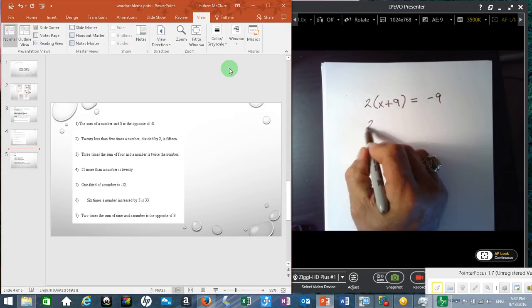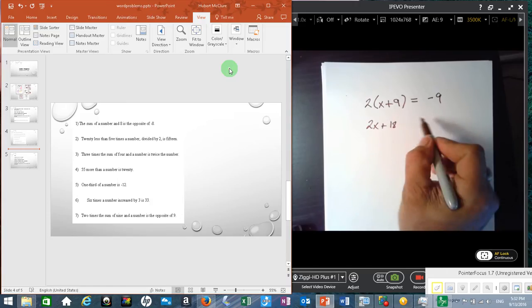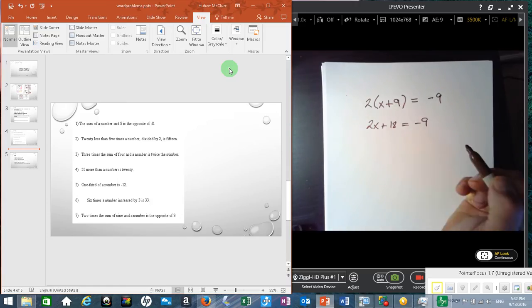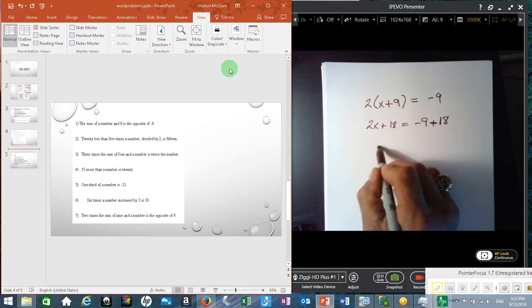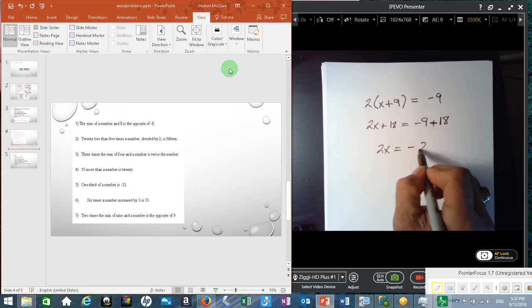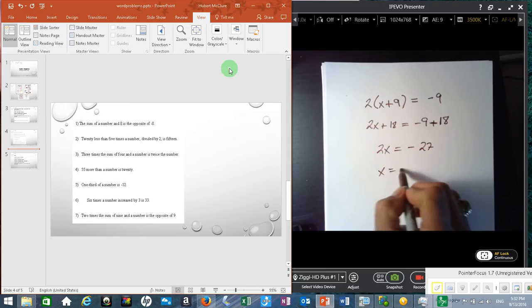And that's going to give us 2x plus 18 is equal to -9. Minus 18 is going to give us -27. And x is equal to -27 over 2.